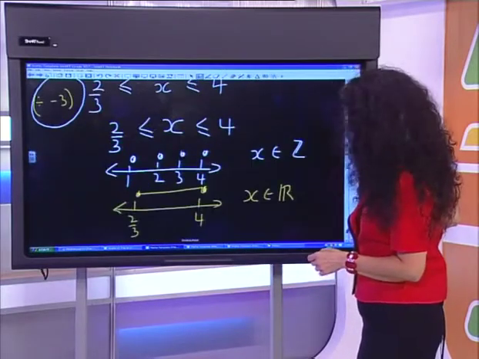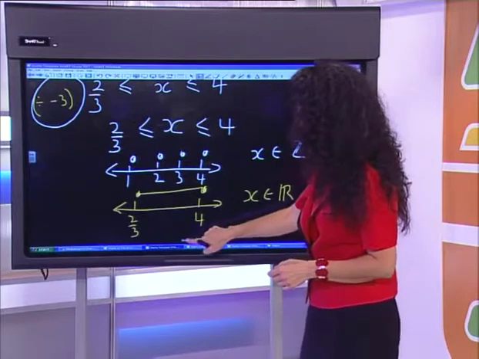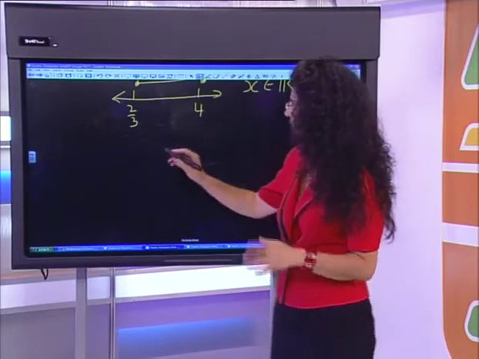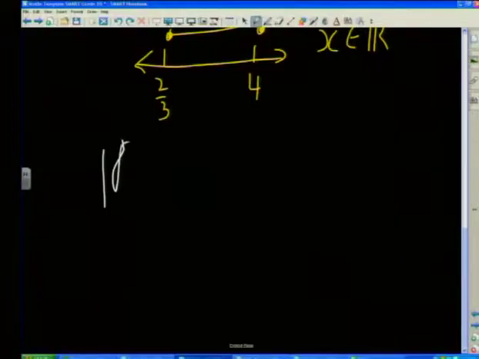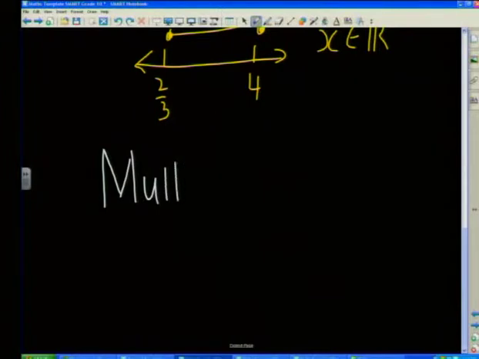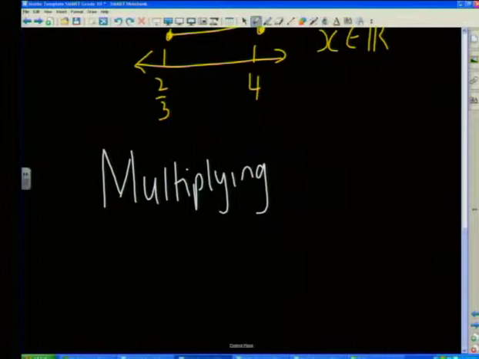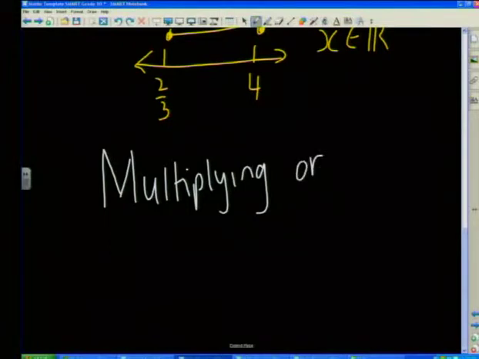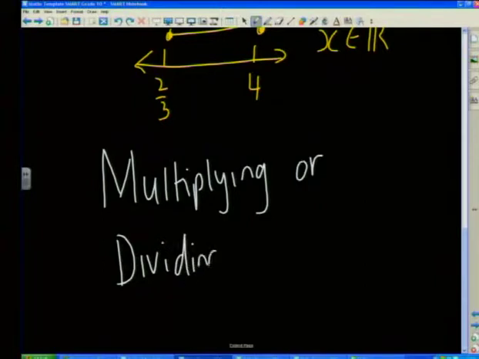So just to summarize it. Multiplying or dividing by a negative.